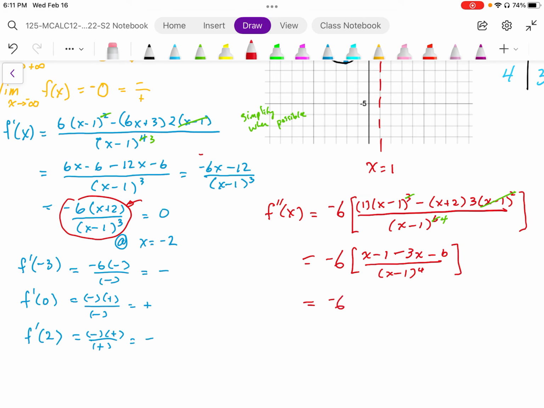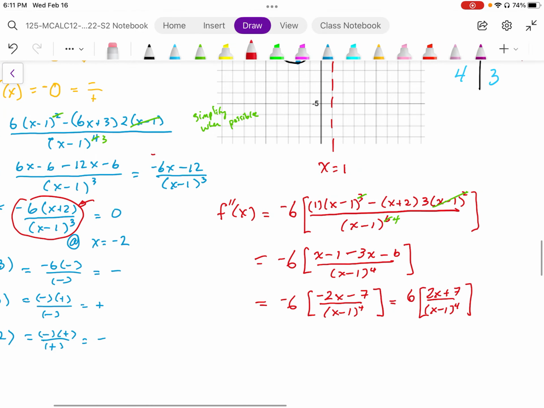Simplifying that, combining like terms, I end up with negative 2x minus 7 all over x minus 1 to the power 4. And factoring that negative out, I end up with positive 6, 2x plus 7 all over x minus 1 to the power 4.